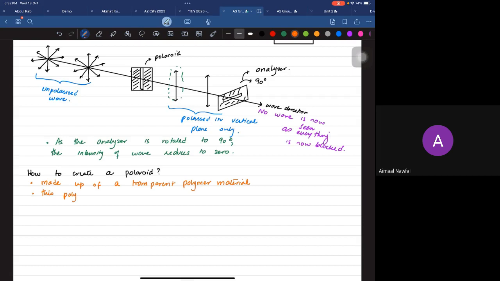This polymer has long chains of molecules all aligned in one particular direction. Is that clear? Yes.